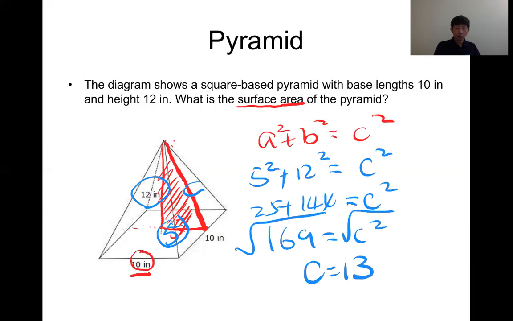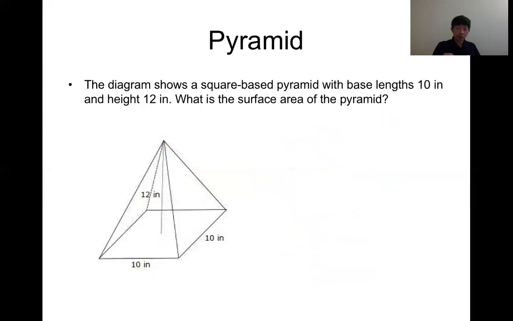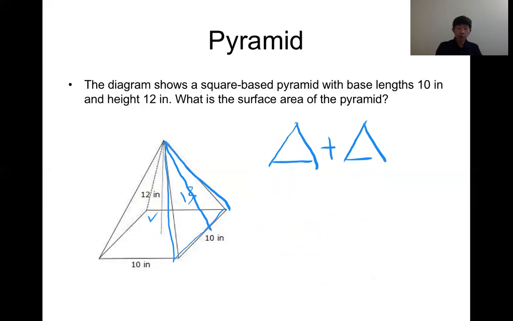So what do we find? We find c is 13, right? This would be the 13. This is the height of this triangle, right? This is what we're looking for, okay? So now, how many triangles do we have? 1, 2, the other side, 3 and 4, right? Did you see 4?